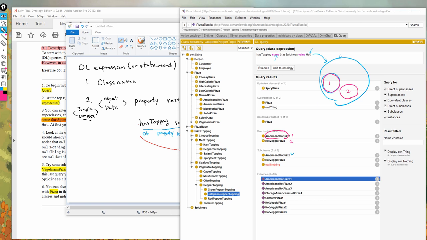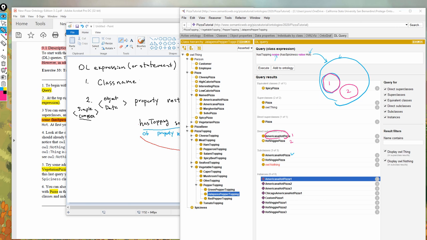It's a pizza that has at least one topping with spiciness, right? Go through each of them and make sure that everything makes sense to you.